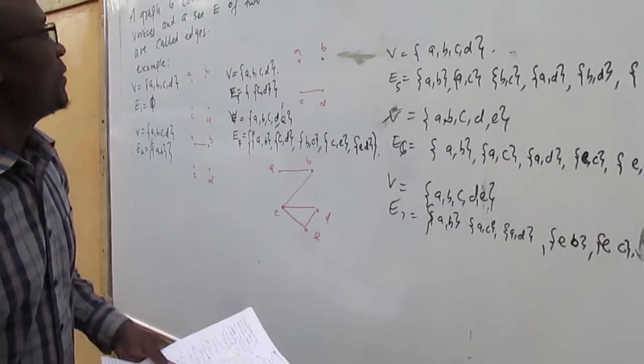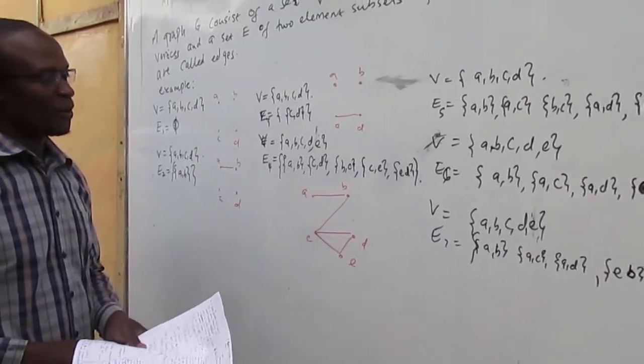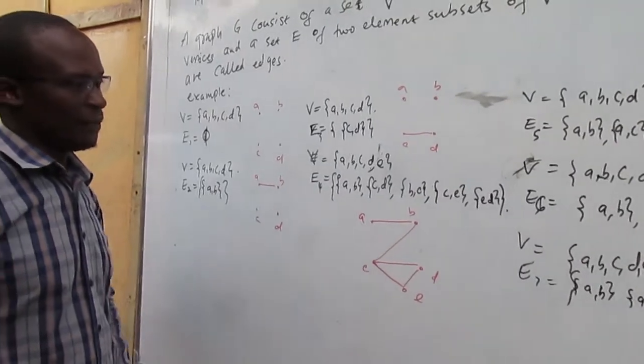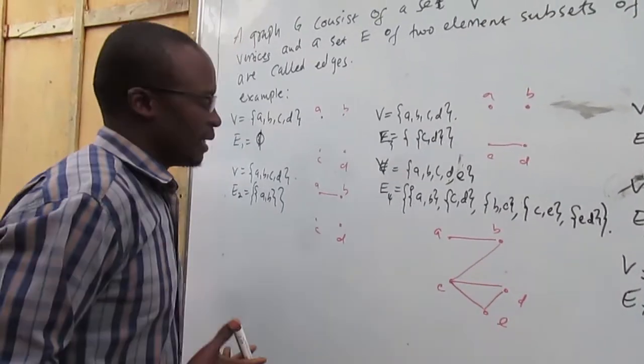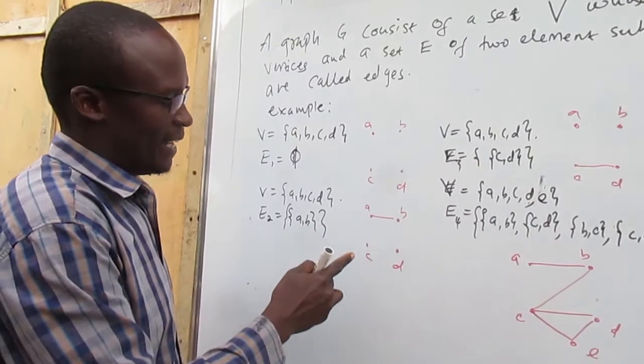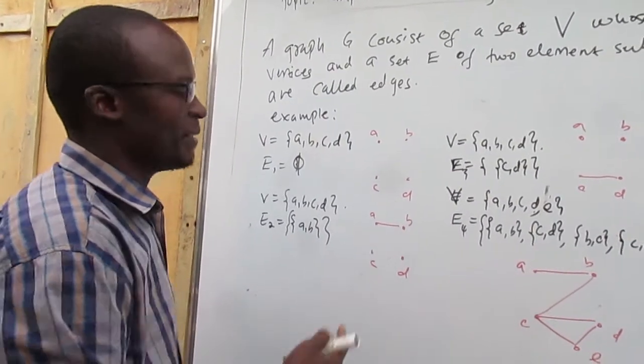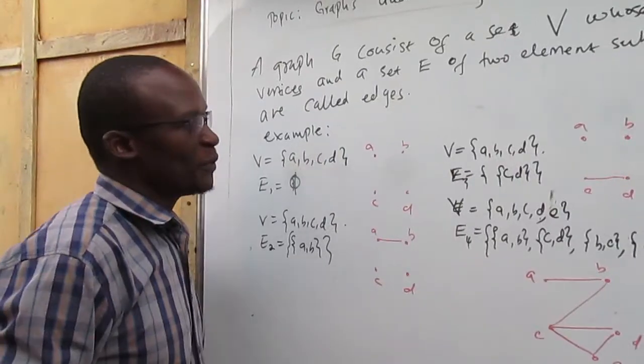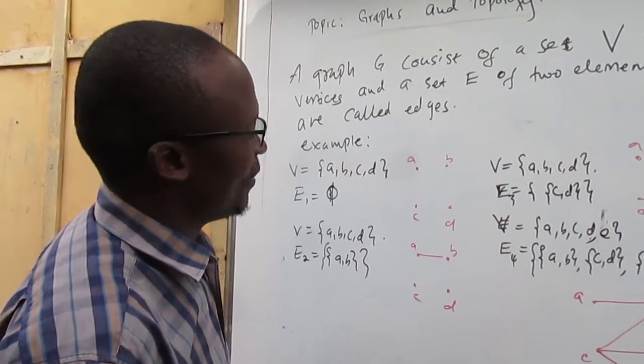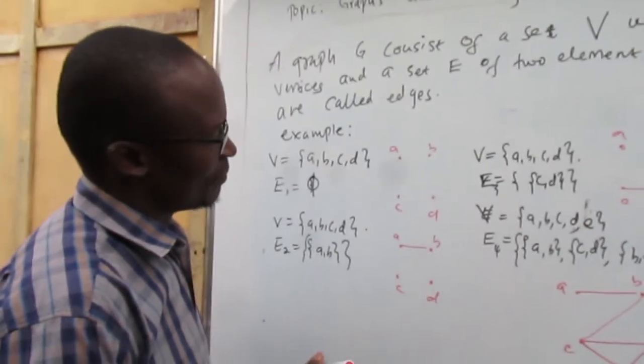One thing we need to note is that we'll only be talking about connected graphs. In other words, graphs in which, when you take any pair of vertices, you will find a path, but we'll define what a path is. Number two, we will disallow multiple edges.